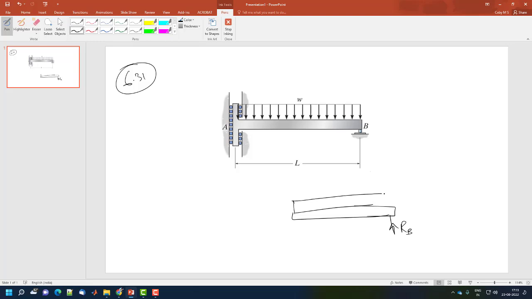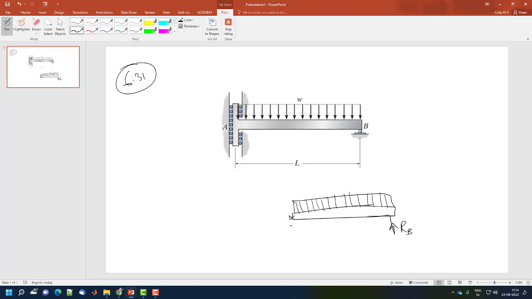Then we have a uniform load acting on the beam. Even if there is any horizontal force, both will cancel each other and there won't be any net moment or net load acting about it.